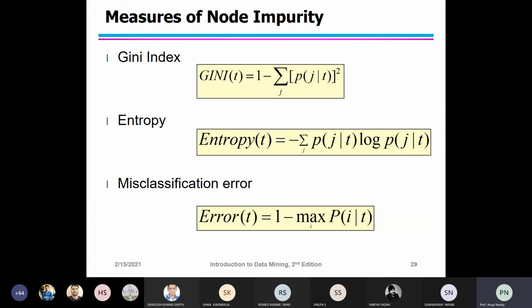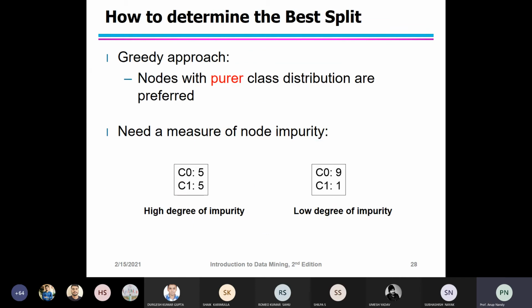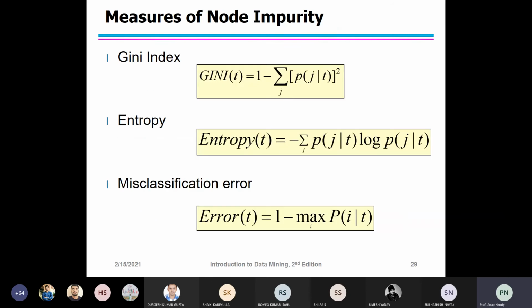Now consider the class distribution before splitting being 0.5, 0.5. If C0 is equal to 0.5 and C1 is equal to 0.5, what does it mean?